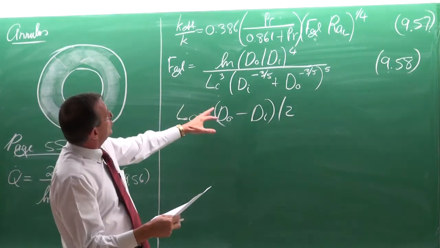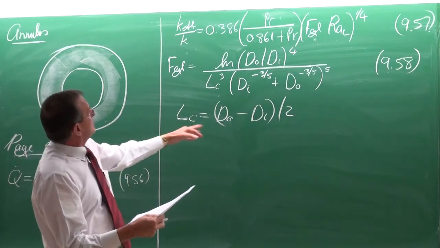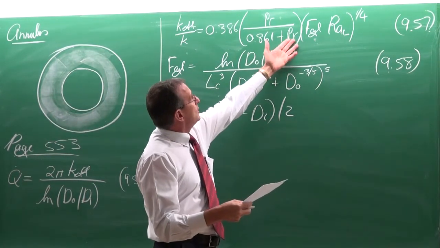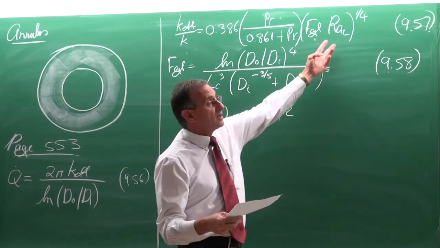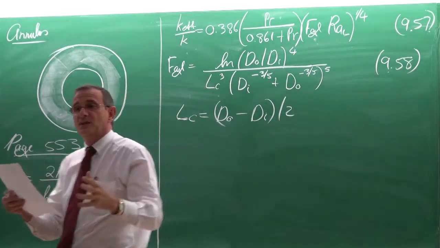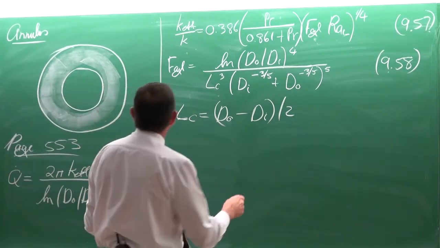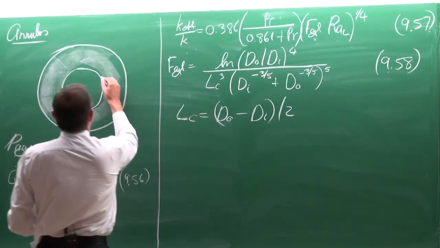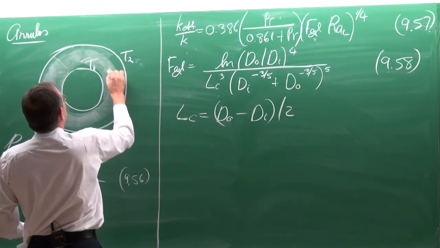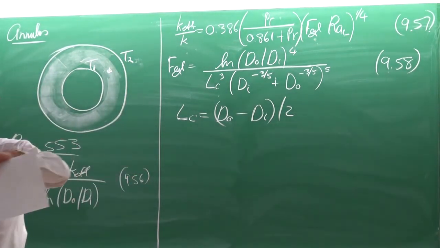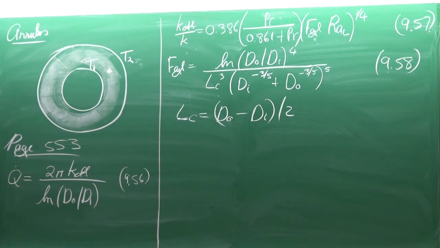And again, if you go and read it now, it refers to the fact that when you select the Prandtl number and the Rayleigh number, you have to do it at the average temperature between the two surfaces. So if that is the temperature T1 and that's the temperature T2, your film temperature must be based on the average of the two.